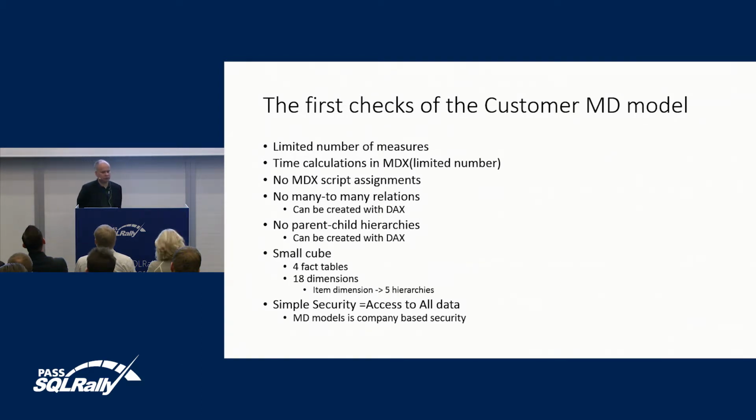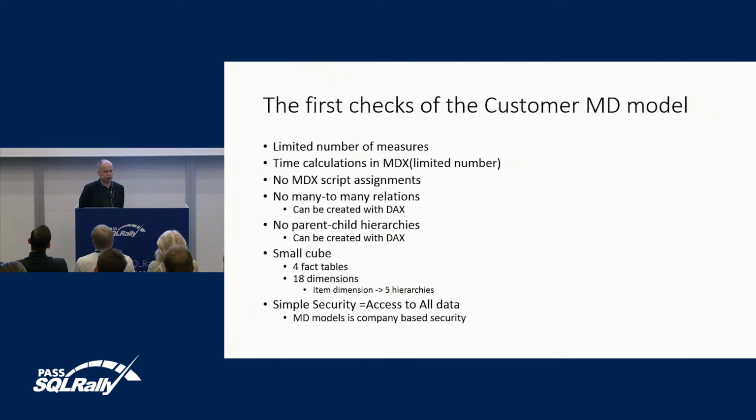Time calculations, there was a limited number of time calculations, and DAX has, like I will show you, a lot of the same time calculation or time intelligence logic as multidimensional. And there were no script assignments at all, no many-to-many relations, no parent-child hierarchies.